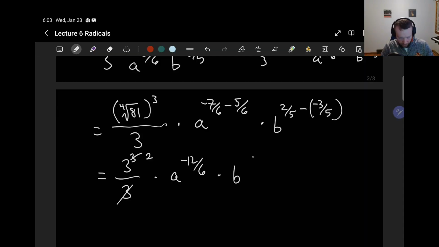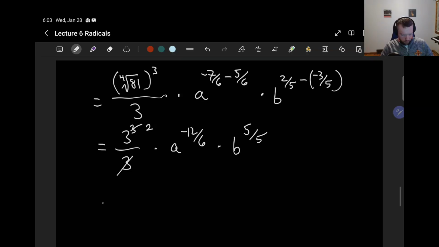I'm subtracting a negative. So this works out well. I'm left with the 3 squared in the numerator, and the denominator goes away for that first fraction. Negative 12 over 6 reduces to negative 2. And B, 5 over 5 reduces to 1.